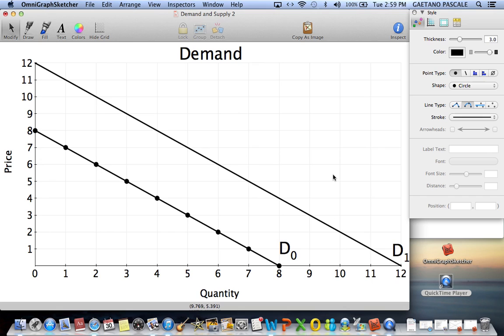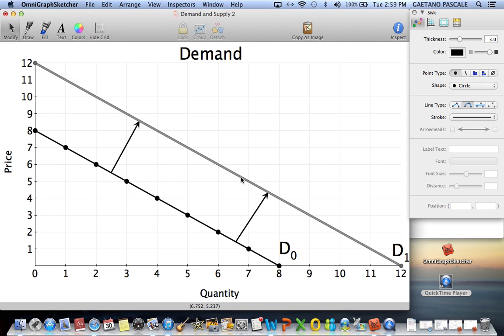All right. This movement from D0 to D1, let me draw a couple of arrows in to give that to you. When the demand curve moves from D0 to D1, that is a change in demand. When the demand curve physically changes its location, when we move from demand curve 0 to demand curve 1, that is a change in demand.